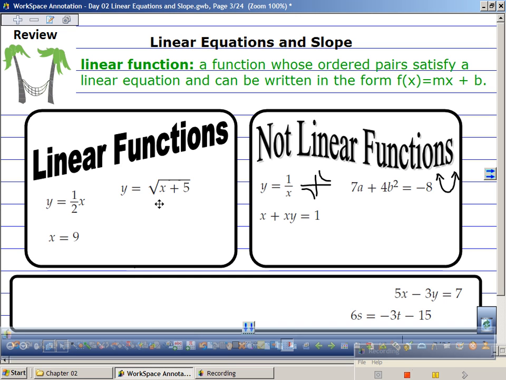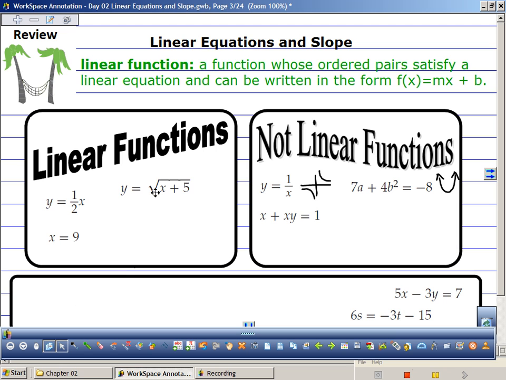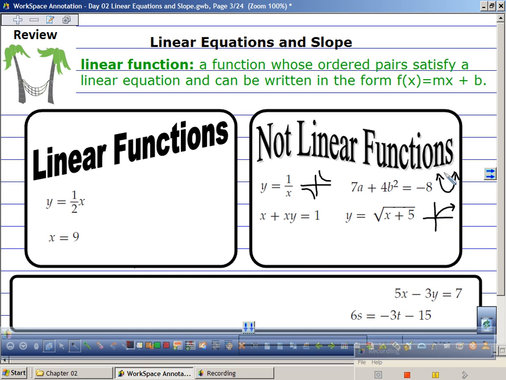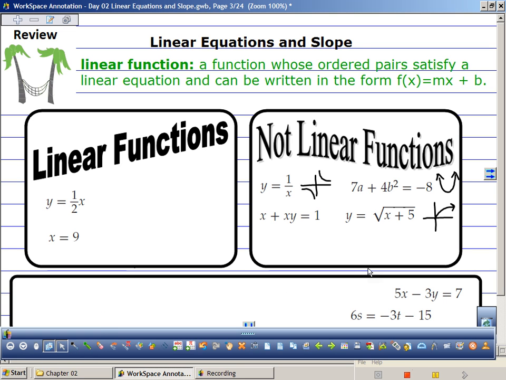Right? So if it's the inverse, I'm going to say no and tell you that this equation looks something like this. Kind of like half of a U.